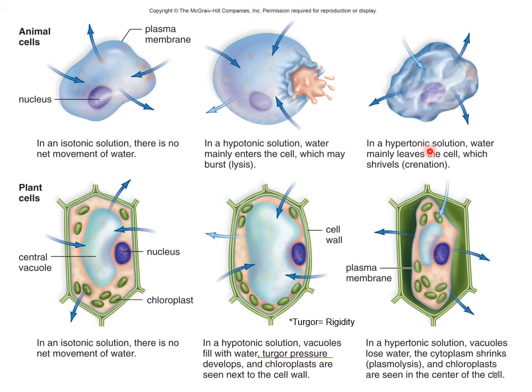But here in the plant cell, the central vacuole loses water, and what happens is you get this constriction of the cytoplasm, but you may not be able to see it because of the way the outer structure of the cell is. But this is just to show you what we meant in the previous lectures when we talked about the central vacuole.